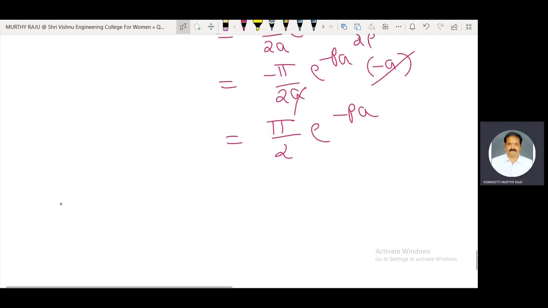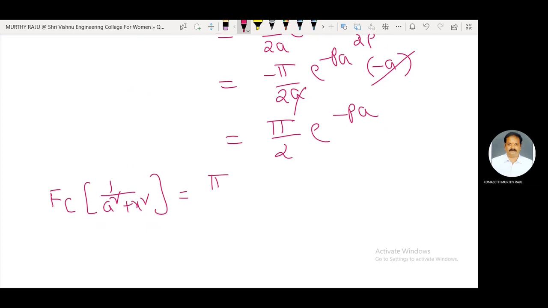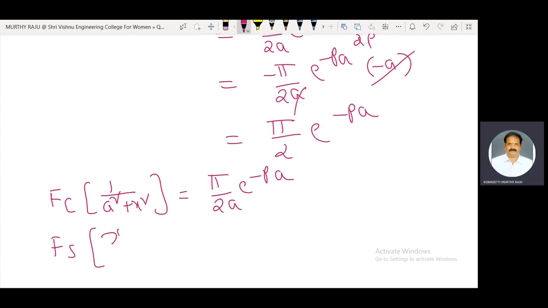In this problem, I have derived two expressions. Fourier cosine transform of 1 by a square plus x square is pi by 2a e power minus pa. Second one is Fourier sine transform of x by a square plus x square is equal to pi by 2 into e power minus pa.